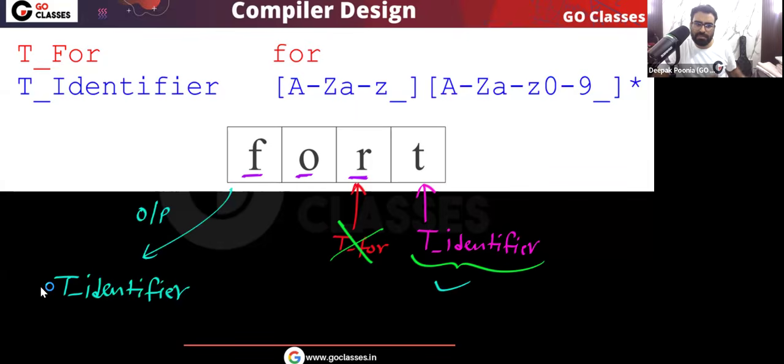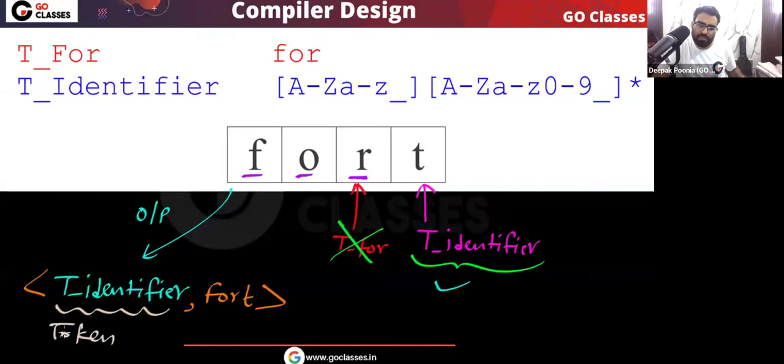This is the token name, and this is the lexeme, FORT. I hope you understood the longest match.